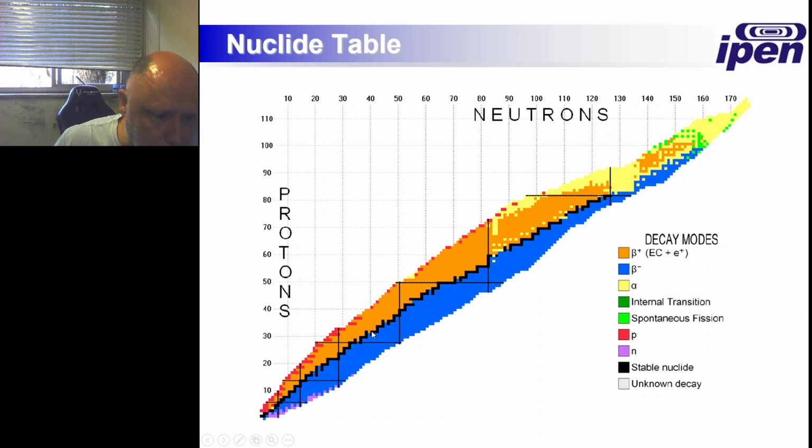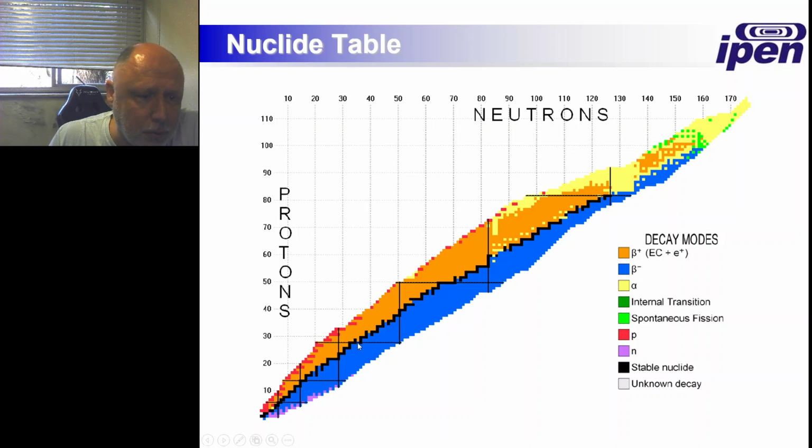Each small square here is one nuclide. And just to put things into perspective, you see this very thin black line here. All these nuclides in black are the ones that are stable, the ones that really make up everything you know.